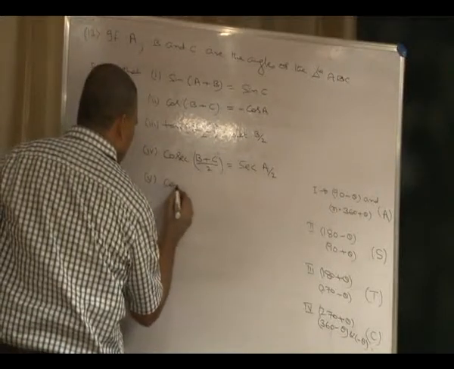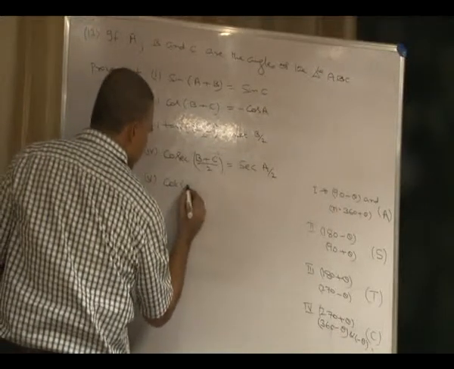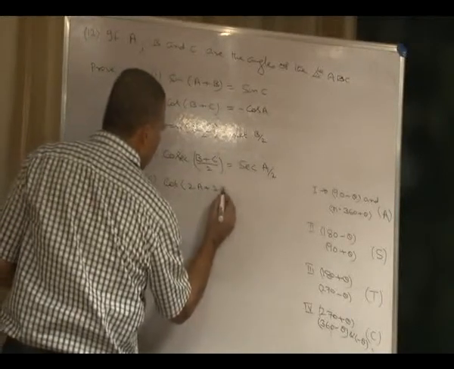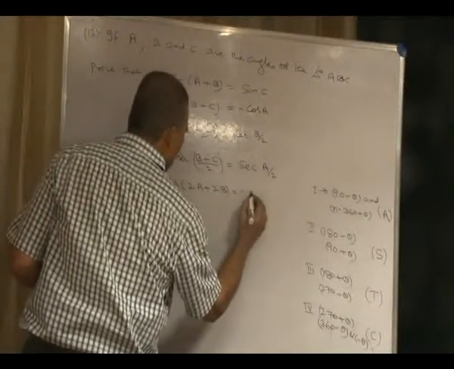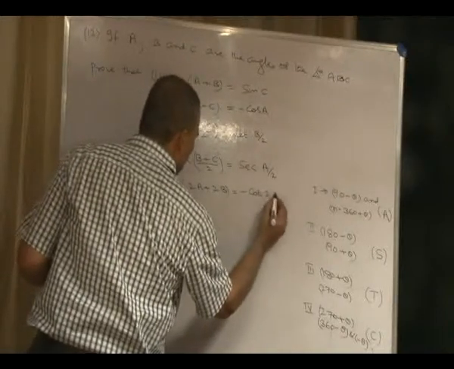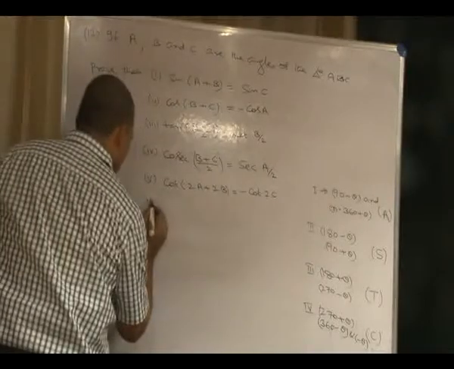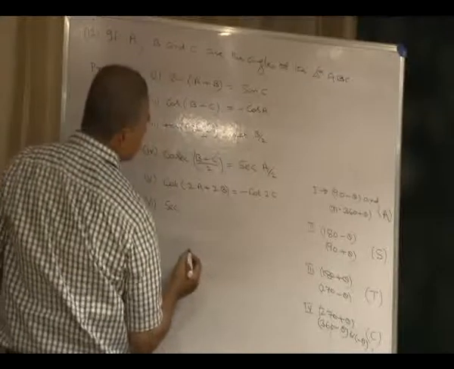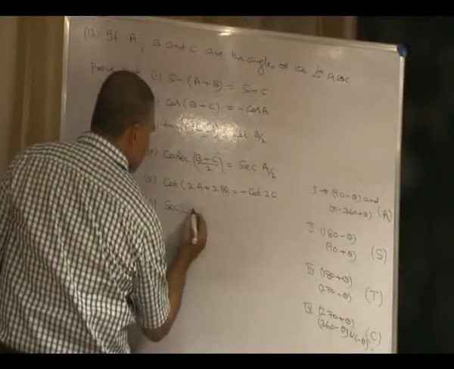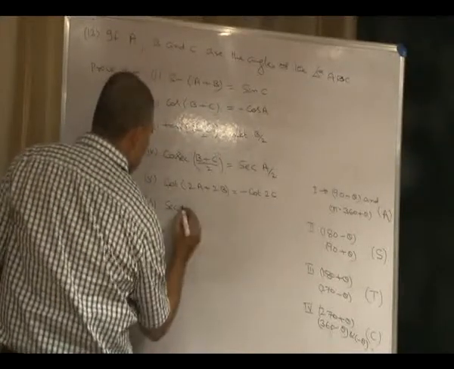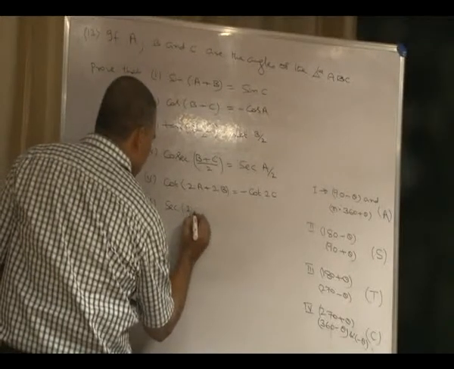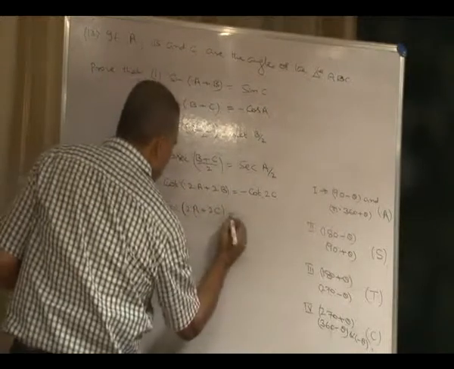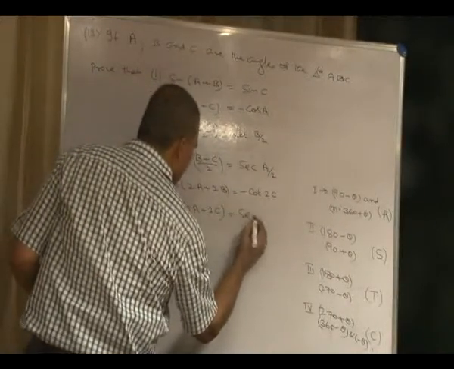Next, cot of (2A plus 2B) equal to minus cot 2C, secant of (2A plus 2C) equal to secant 2B.